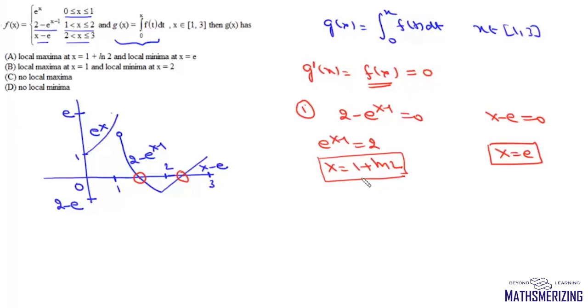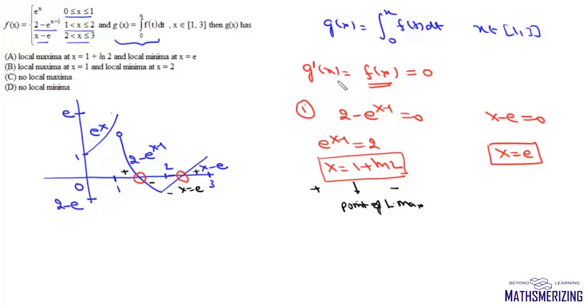Now when x is 1 plus log 2, this function f(x) changes sign from positive to negative. So there is a sign change from positive to negative, that is the function increases and then decreases. So that means 1 plus log 2 is a point of local maxima. Now what about x equals e? At x equals e, it was negative before and it was positive thereafter.